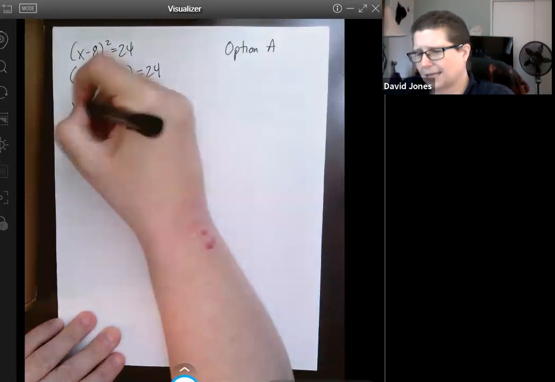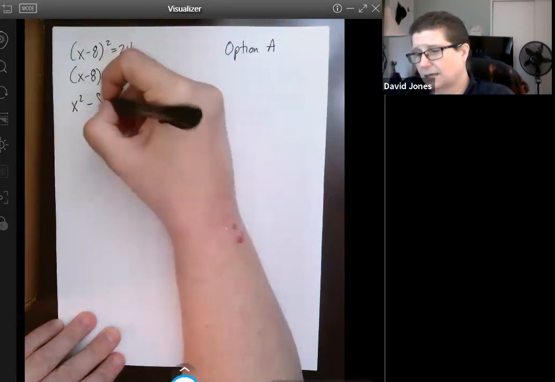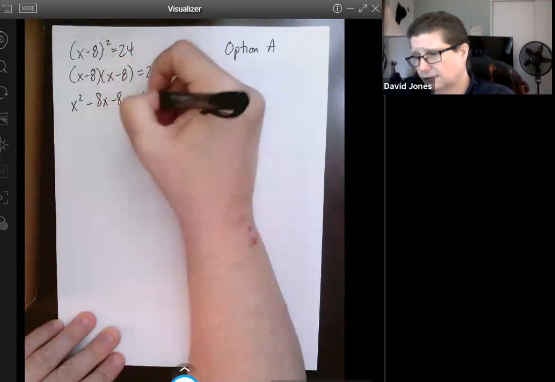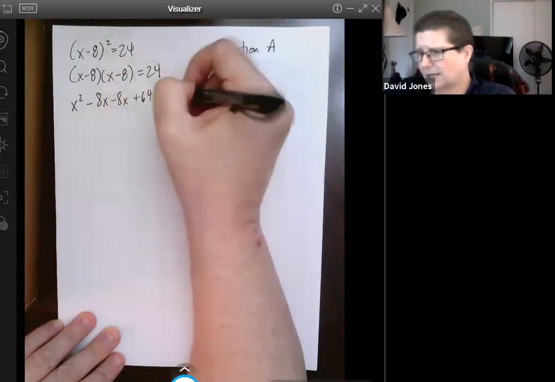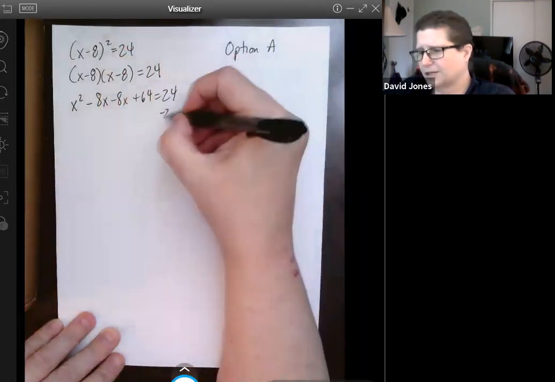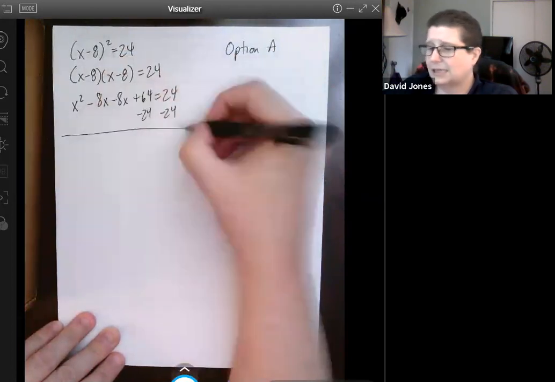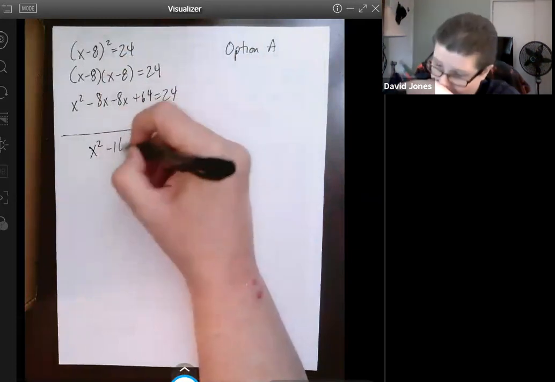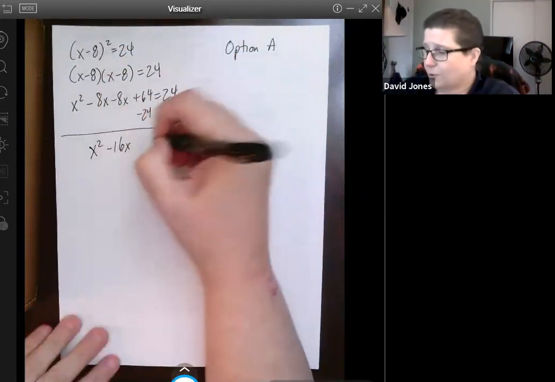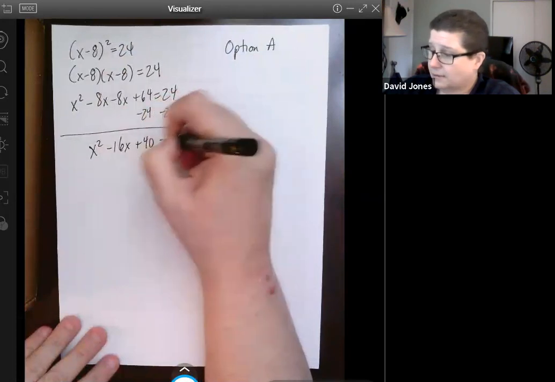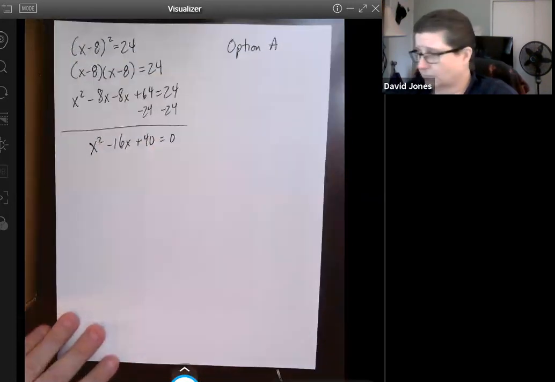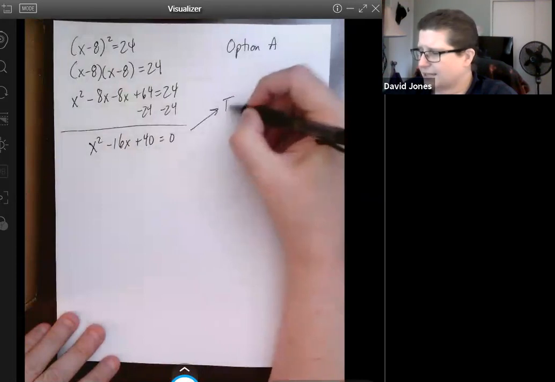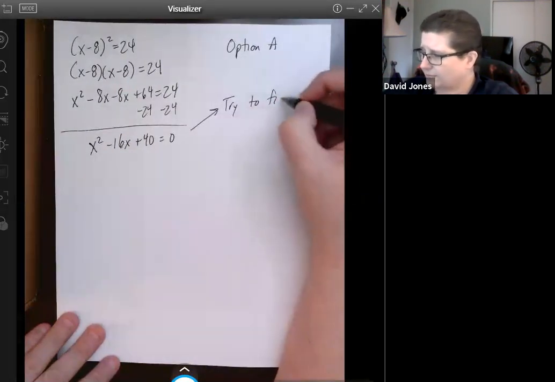I can multiply that out, and I can gather like terms by subtracting 24 on both sides. X squared, negative 8x and negative 8x is negative 16x, and 64 minus 24 is 40. Then I could try to factor this and solve.